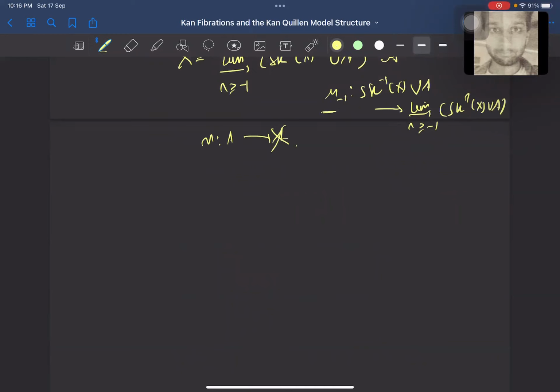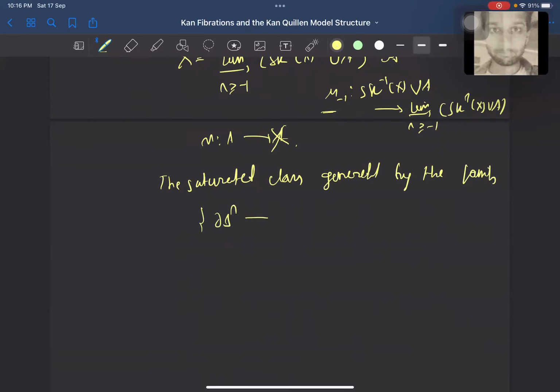So this proves that, because this is an arbitrary monomorphism, the saturated class generated by the family of boundary inclusions, boundary maps, is the class of all monos. So this was the example.